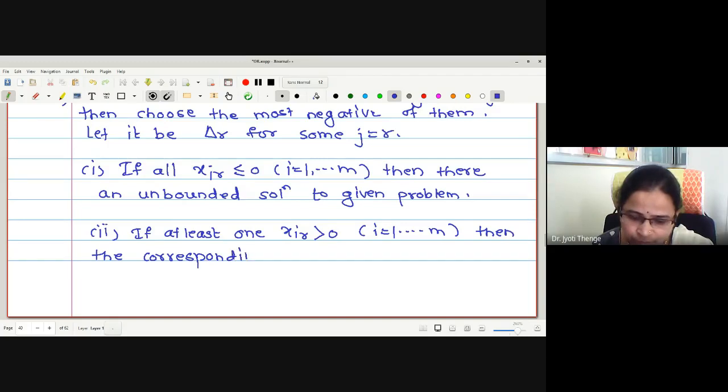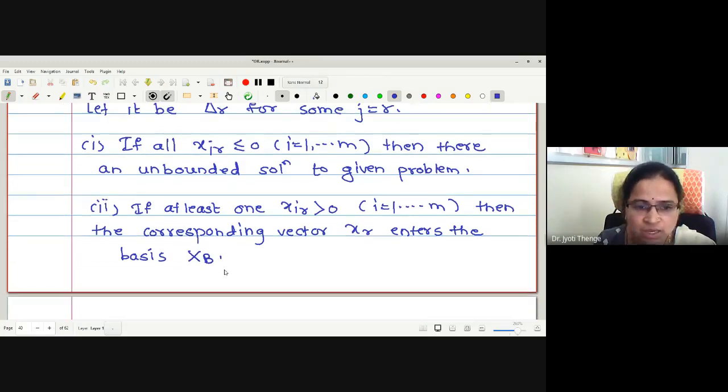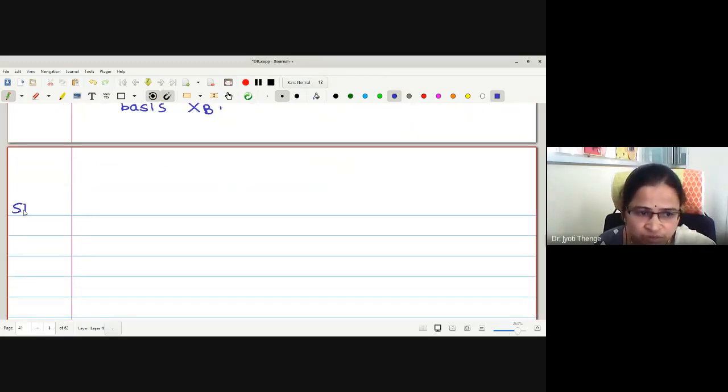The corresponding vector xr enters the basis. These steps will get clear once we start the problems.